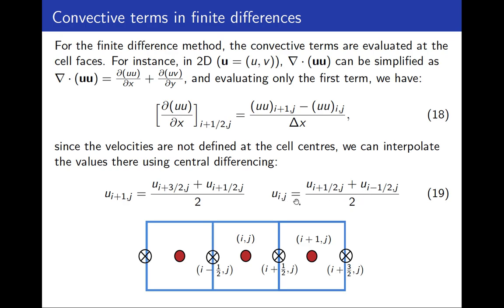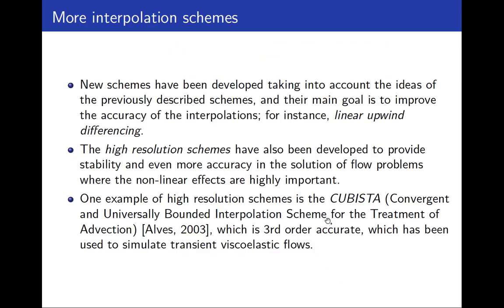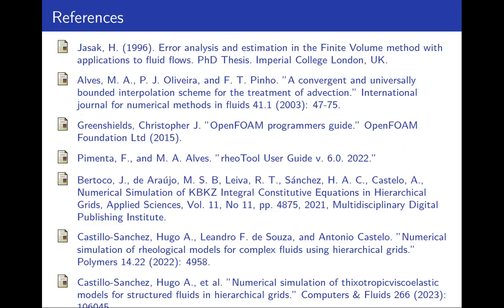We use an interpolation scheme to evaluate the values of the velocity here and here, and then we substitute these equations here into equation 19, and then we will obtain an estimate of the convective term at this cell face. So in finite differences, it's even easier to evaluate these convective terms using central differencing, and yeah, you can also use upwind differencing, and it's really straightforward.